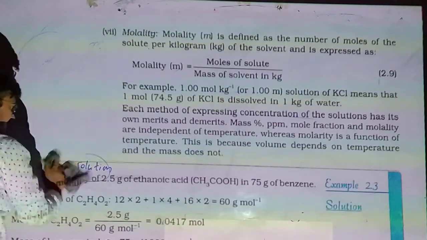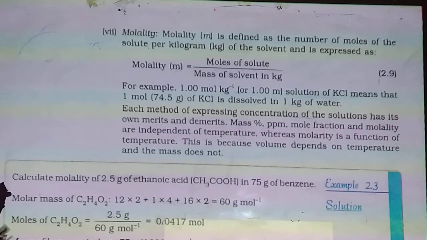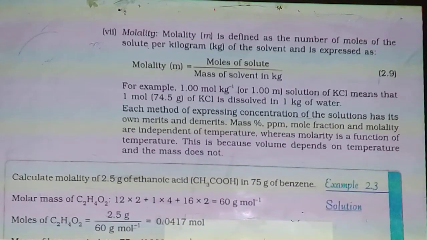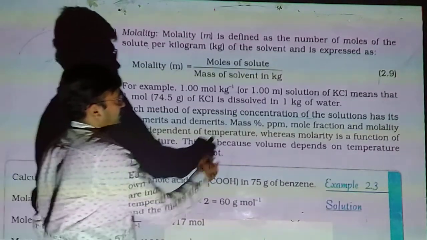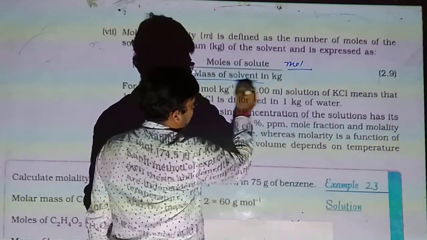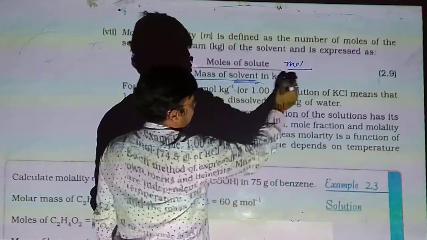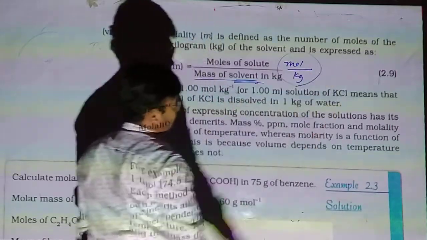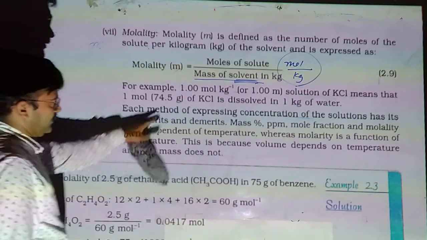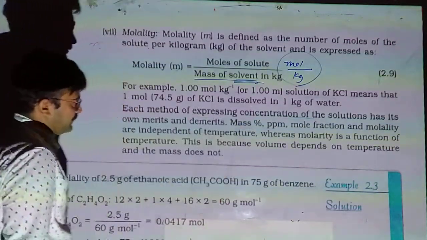In 1 kilogram solvent, how much mole is dissolved? That is called the molality. Moles of solute upon mass of solvent, not solution. So here the unit is mole per kilogram. 1 mole per kilogram means 1 molality.